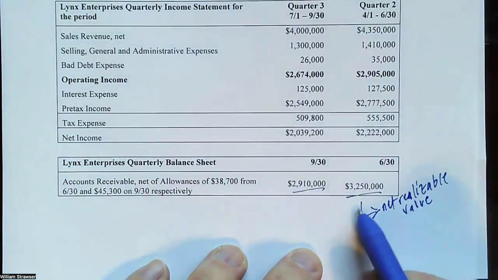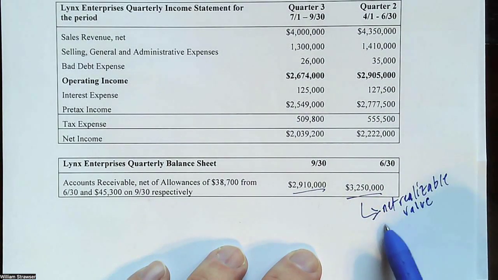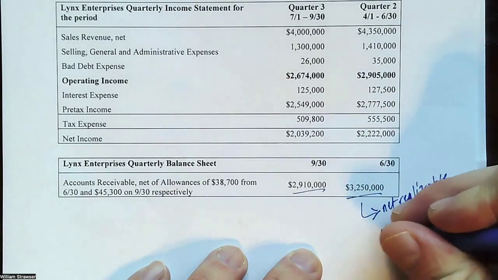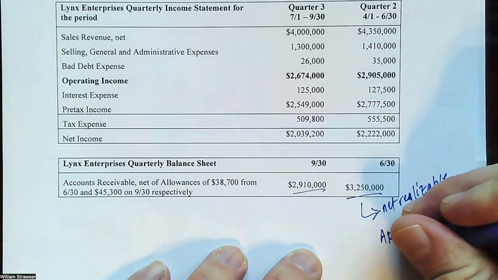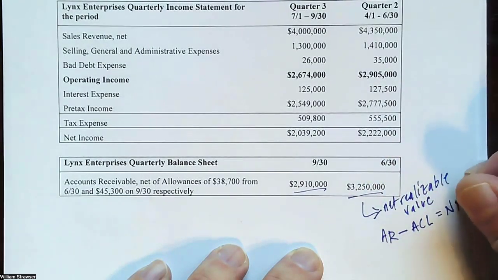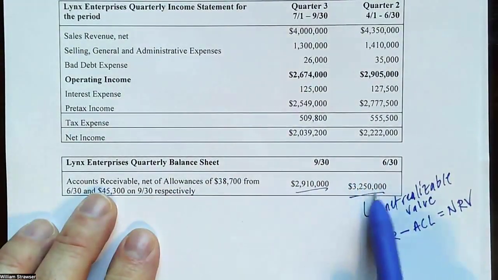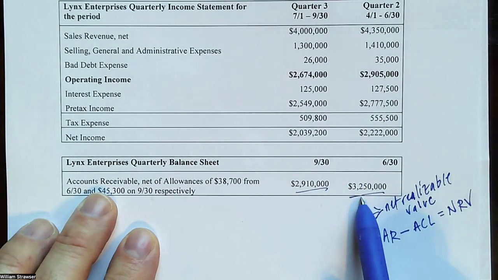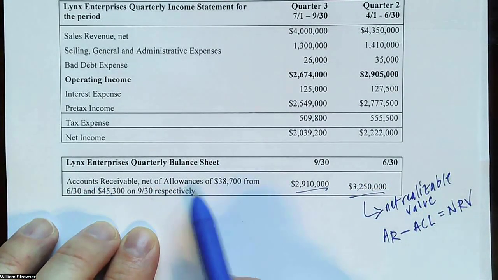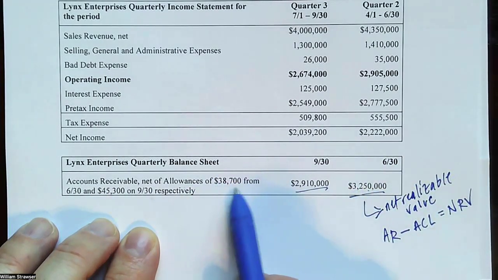This is not the amount in the accounts receivable account. It is the amount in the accounts receivable account after we have subtracted the balance of our ACL account. And so it's telling you here, yes, this 3,250,000 is net of the allowance for 6/30. So this is net of the ACL balance that we do not think we're going to be able to collect.